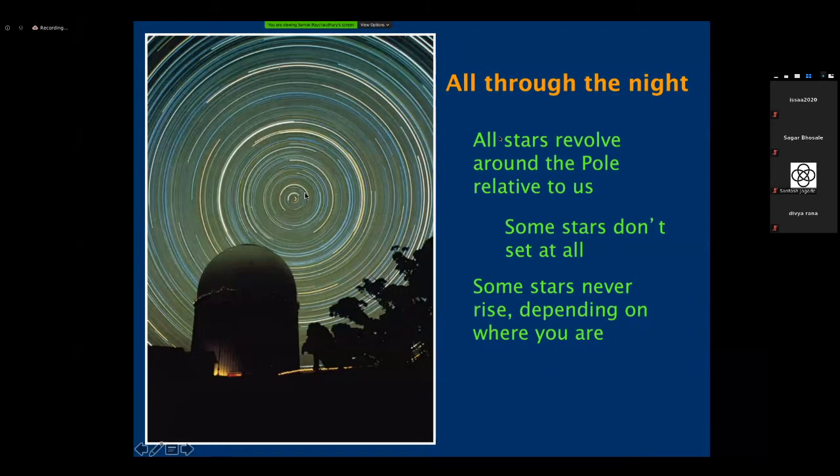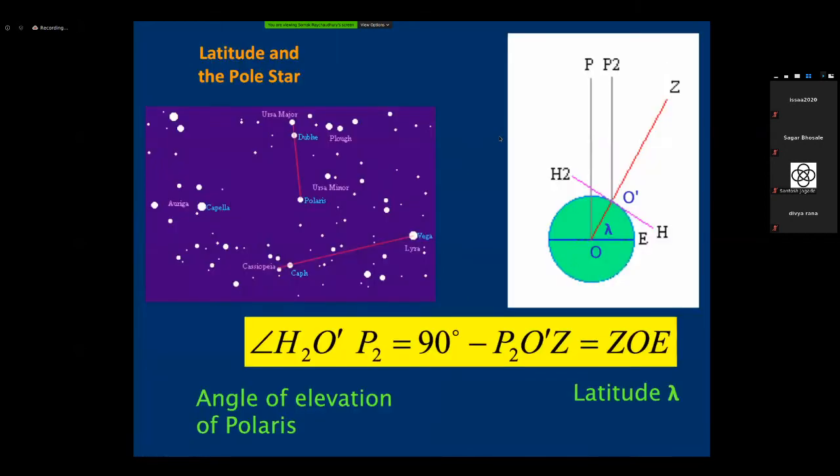And so stars will go around it all through the night, and stars that are less than 18 degrees away from Polaris will never rise or set. Okay? And this is a simple geometrical exercise that I'm not going to go through now, but you can see that if you look at your position, that's lambda, which is the latitude.